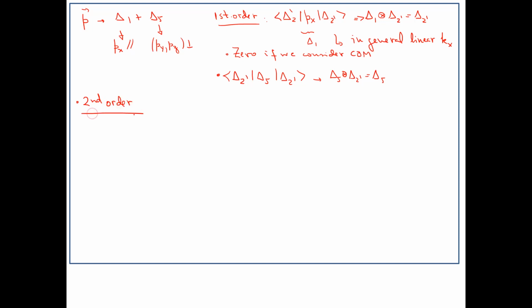And when we go to second order perturbation theory, what we have learned from the exercise that we just did is that one needs to look at intermediate states, right? Depending on the particular matrix elements that we want to consider, we have to verify which intermediate states are going to give us non-zero matrix elements. So in general, we have to look at matrix elements of the following type.